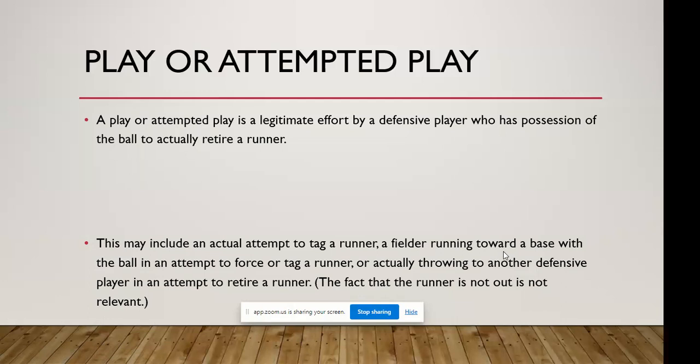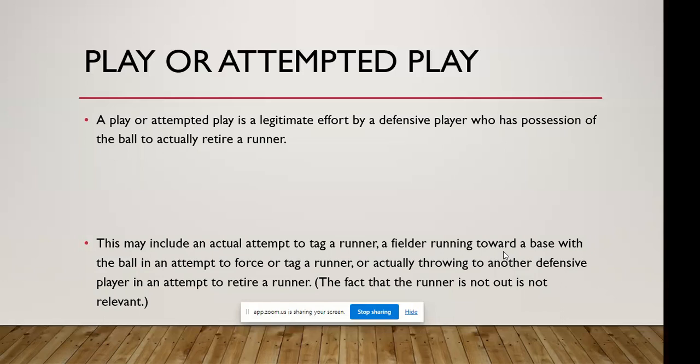And then he turns and fires the ball to first base and throws the ball out of play. That throw was the first legitimate attempt to retire a runner. All he was doing with his eyes was holding that runner there. I mean, what was the last thing the coach said before that pitch? Hold the runner at third and take it to first. So that was not a legitimate attempt.